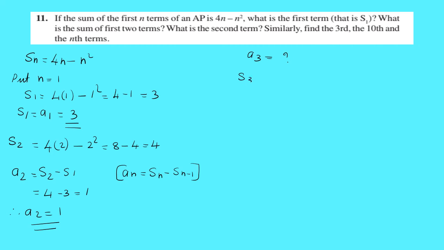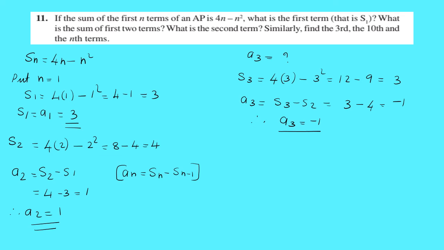So S3 equal to 4 multiplied by 3 minus 3 square, that is 12 minus 9, that is equal to 3, and A3 equal to S3 minus S2, that is S3 is 3 minus S2 is 4, that is equal to minus 1. So you are getting A3 equal to minus 1.